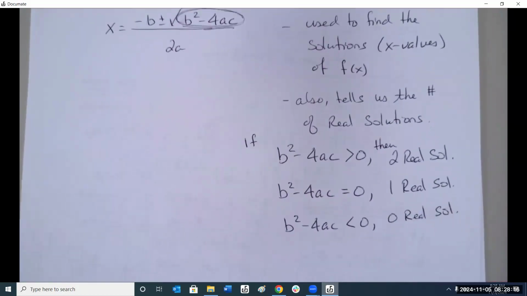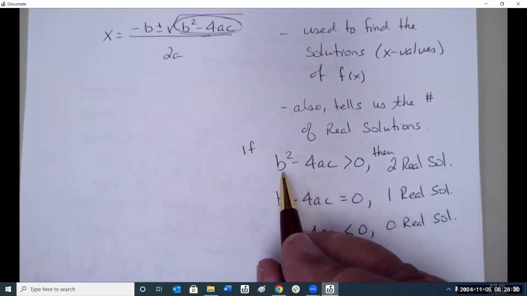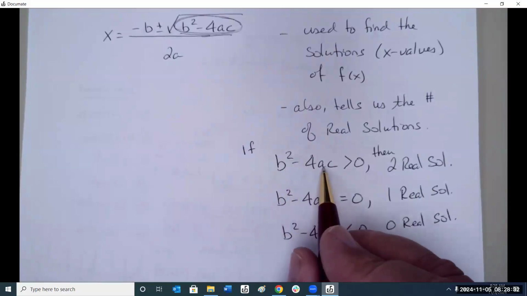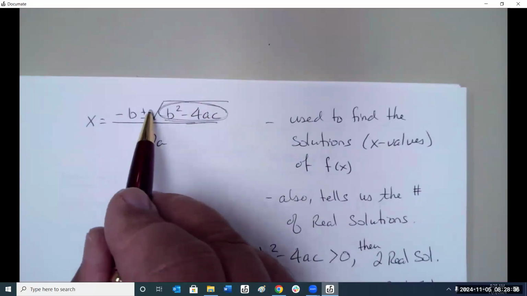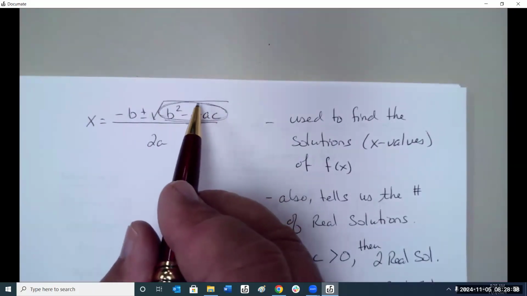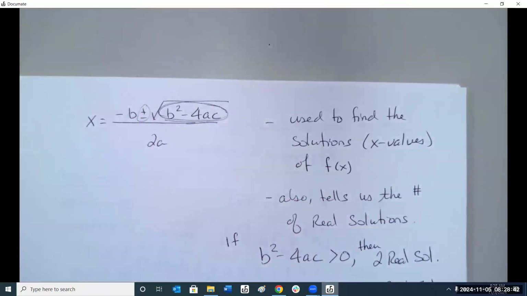Can anybody guess why? Why do these three conditions exist? Well, let's look at it. Let's say, for example, b squared minus 4ac equals 4. Then we have the square root of 4, which is plus or minus 2. So we have a plus 2 and a minus 2.